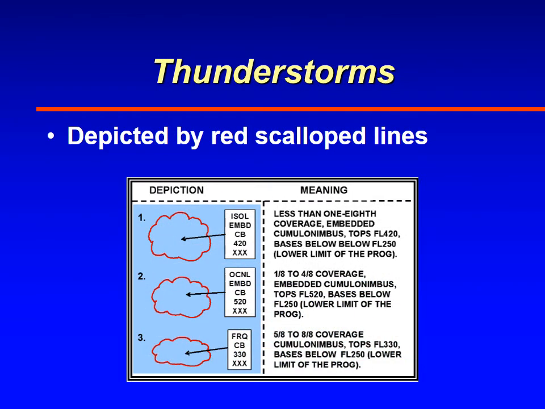Here are examples, very similar to the mid-level chart. The X's that you see indicate that it's below the level of this prog chart. This prog chart starts at 25,000 feet, so the X's indicate the thunderstorms start someplace below 25,000, and the tops are indicated there in hundreds of feet.